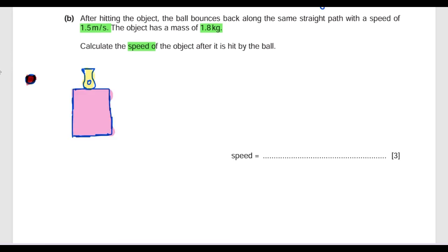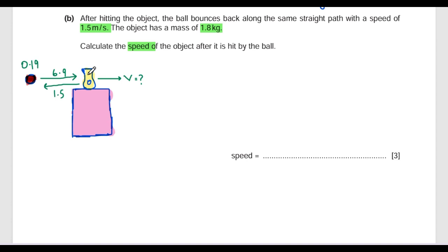The boy hit the ball towards this object, the ball has a mass of 0.19 kg, and the boy threw it with a speed of 6.9 meter per second. After the ball hits the object, the ball bounces back in the opposite direction with a velocity of 1.5 meter per second, and as a result of this collision, the object moves forward with a velocity we don't know.